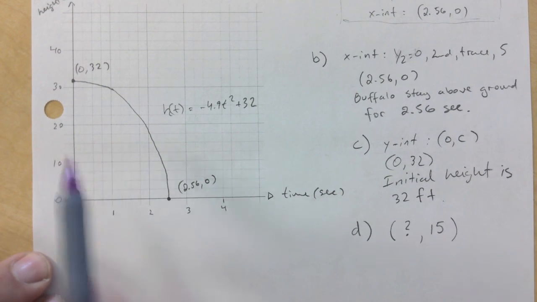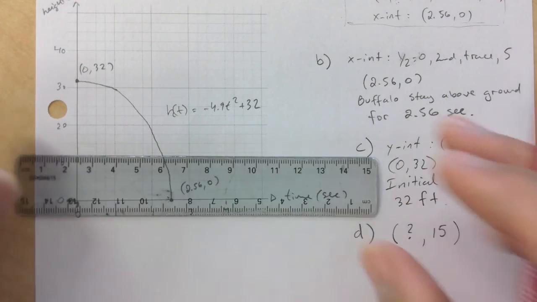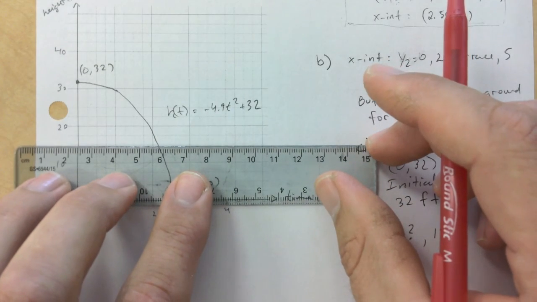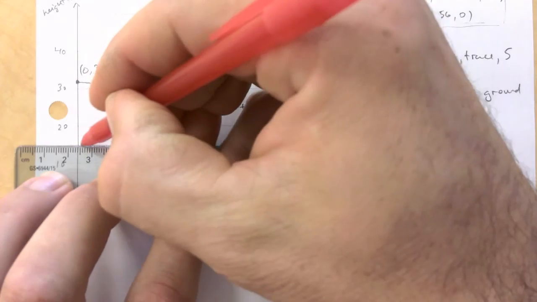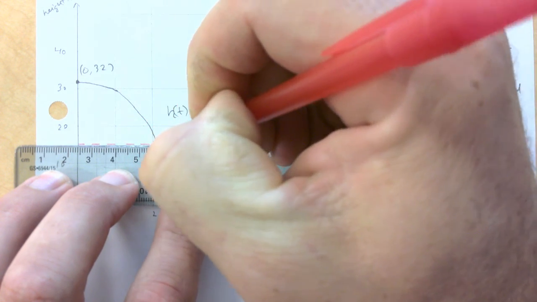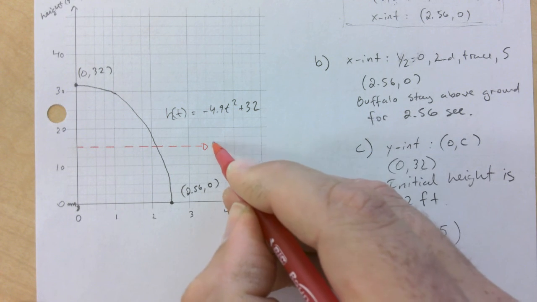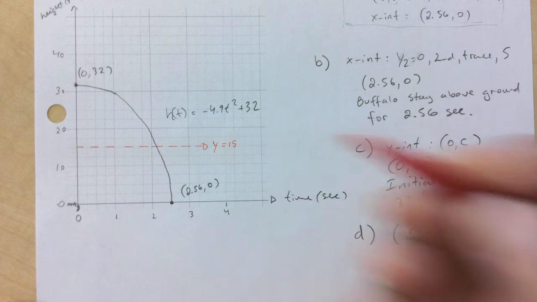So if you want to use a different color, let me see here. I'm going to use red. Essentially, if you wanted to add that to your graph, 15 would be right about there. Okay, this is the 15 line. This is y is equal to 15, right?